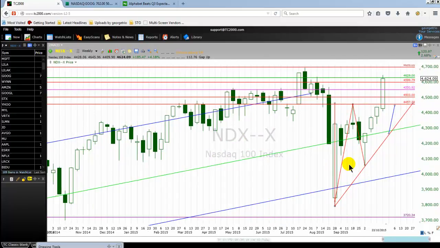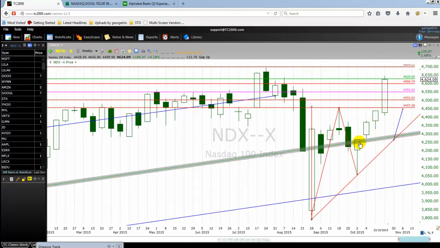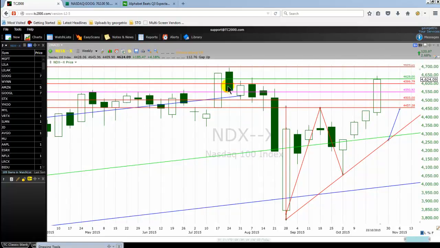Pay attention to the weekly chart. The NASDAQ 100 went down from here all the way down here, and then went up 1, 2, 3, and the price was near the level of 4453.